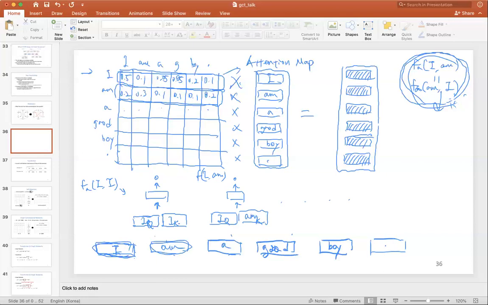For the main character we use the query vector, so that is why I'm writing the Q here, and for the targets, what the main character attends to, we use the key vector. So even if this is the same I token, we use Q for the left part and K for the right part. Likewise, we use I's Q for the left part and M's K for the right part.